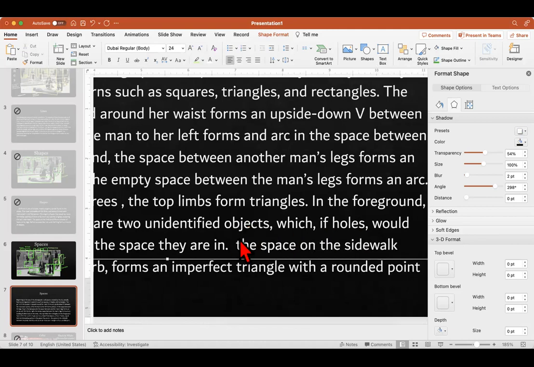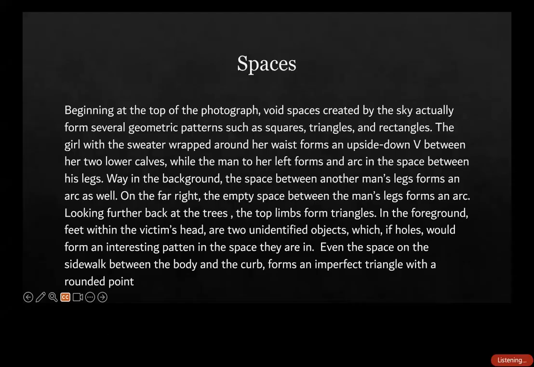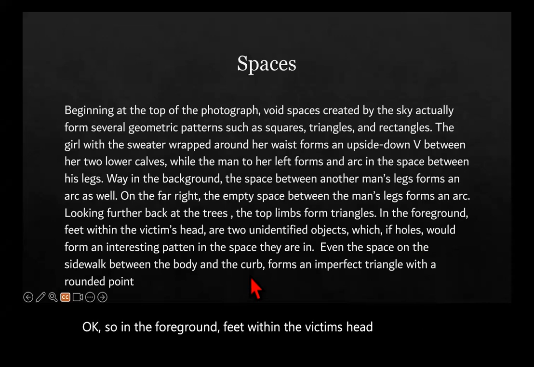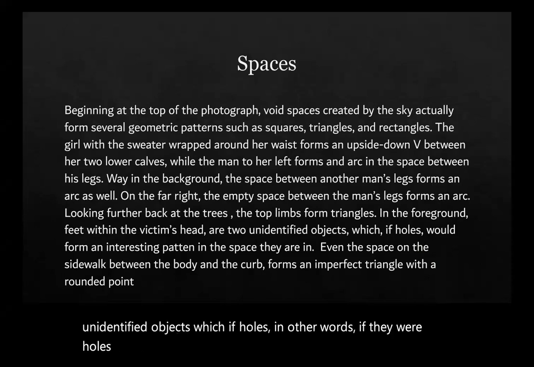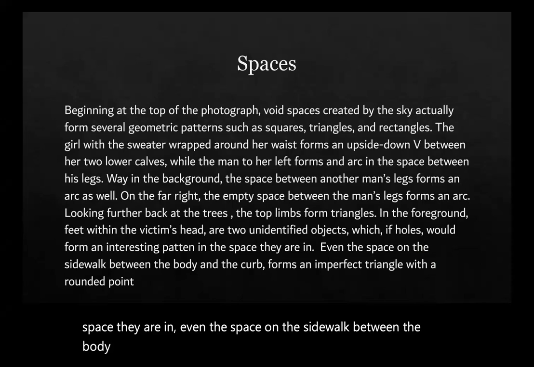Okay, so let me try this again. In the foreground, feet within the victim's head are two unidentified objects, which, in other words, if they were holes shaped like that, would form an interesting pattern in the space they are in. Even the space on the sidewalk between the body and the curb forms an imperfect triangle with a rounded point.